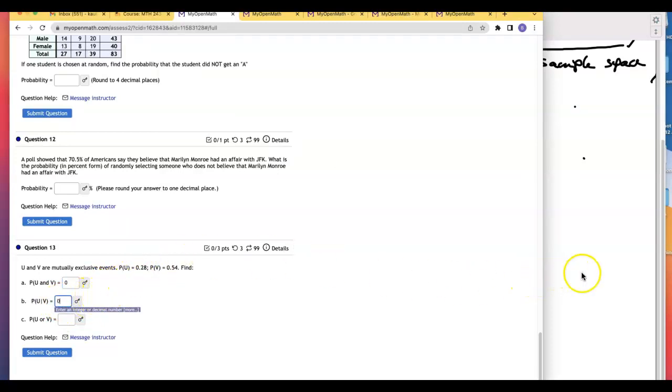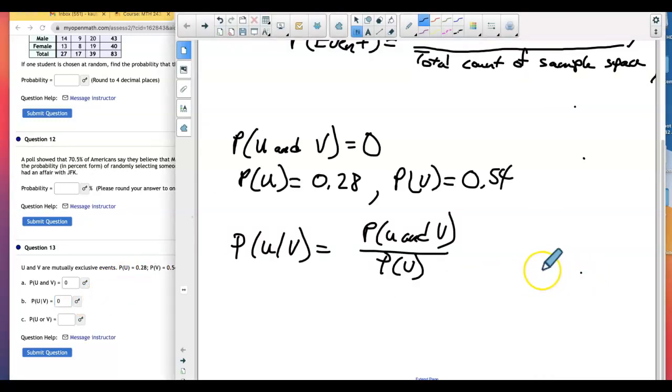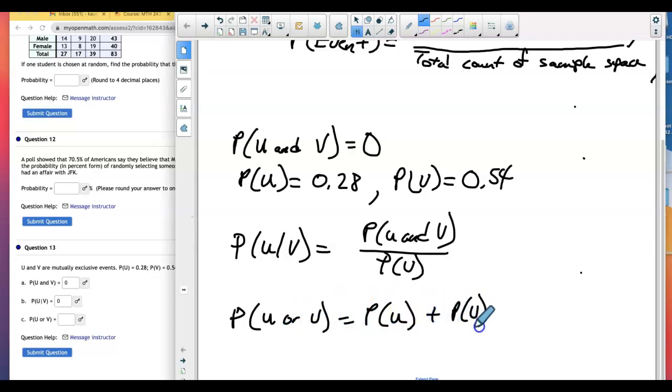And then, or, since they're mutually exclusive, the P of U or V is going to be the probability of U plus the probability of V. Because it's mutually exclusive, there's no overlap, so we don't have to worry about overlap here.